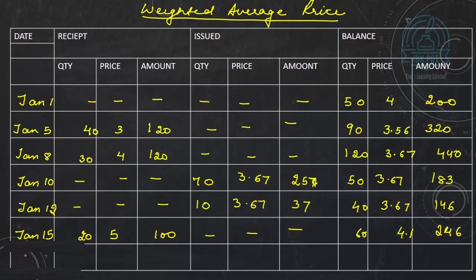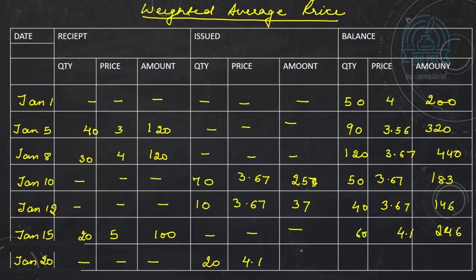Now, next transaction was on Jan 20, I suppose. On January 20, we have issued again 20 units, not received anything. So we have 20 units at the rate of, we have one single price, which is 4.1.